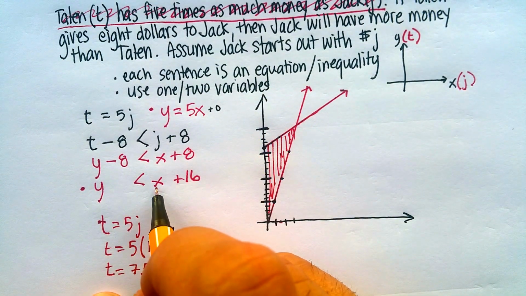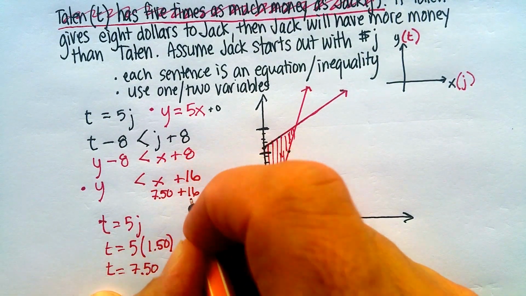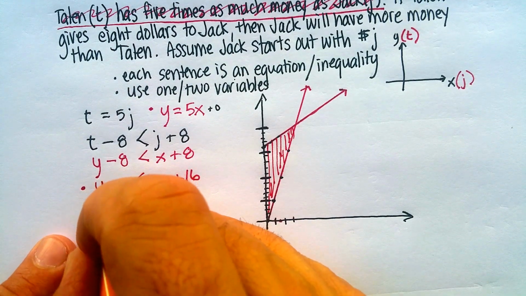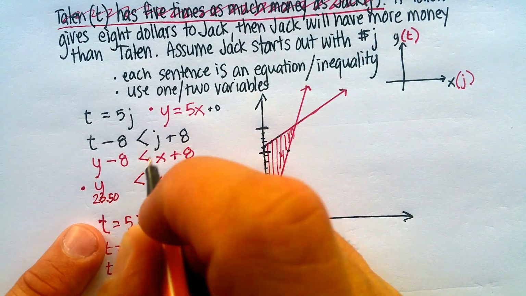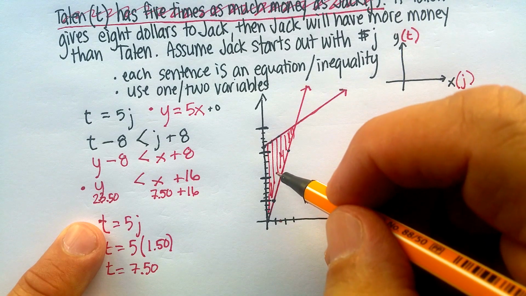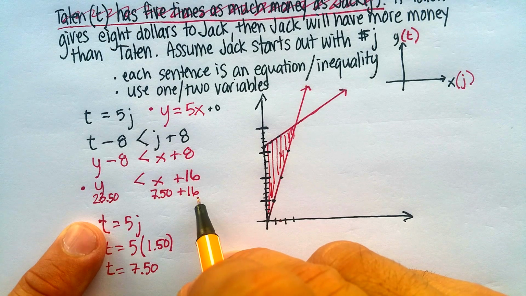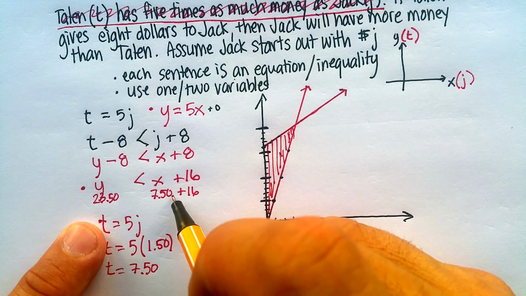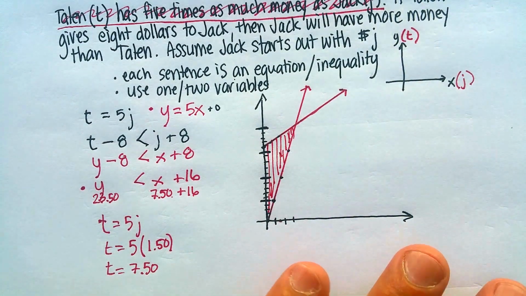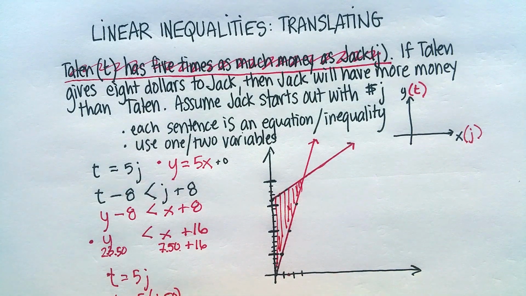Tayden, $7.50 plus 16. That means that he would actually have $23.50 at the absolute most, but probably a little bit less. So if that's true, did I do that right? Did I add that up right? Times it by 5. Yeah, that works.